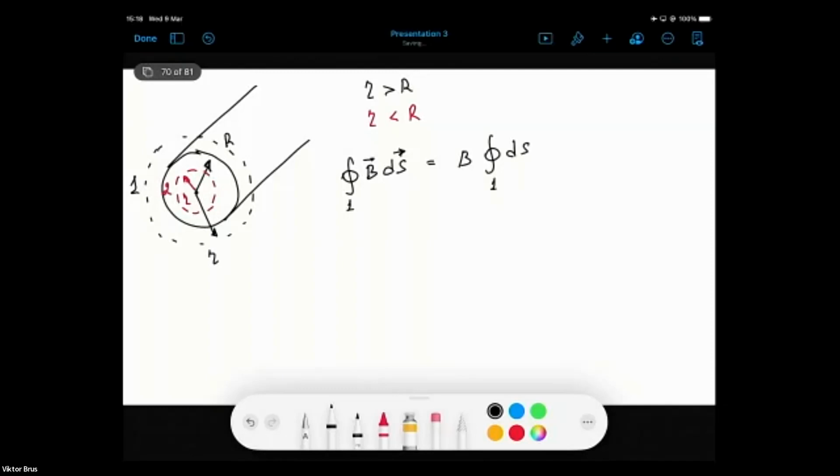And this is over closed path 1. This will be equal to B times 2 pi r, which is the length of the closed path 1. And according to Ampere's law, we know that this should be equal to mu naught times I, electric current which flows through this conductor.